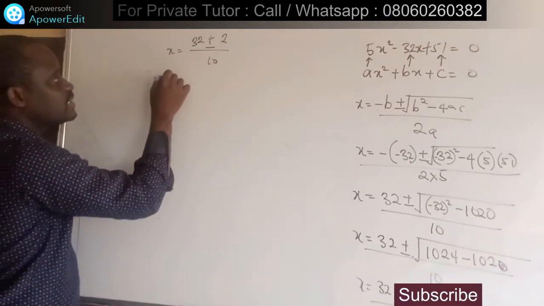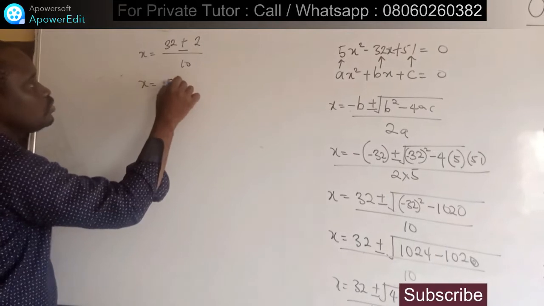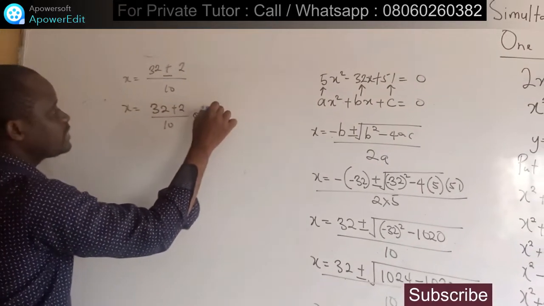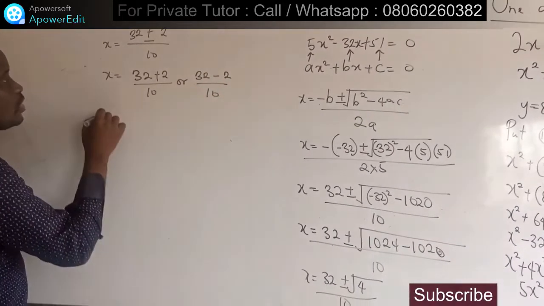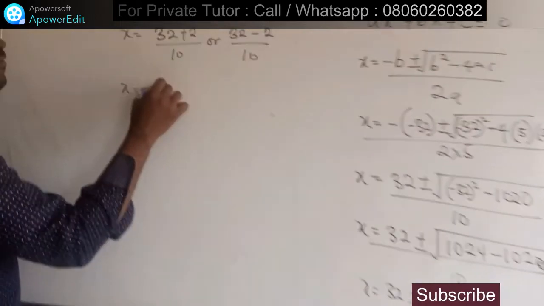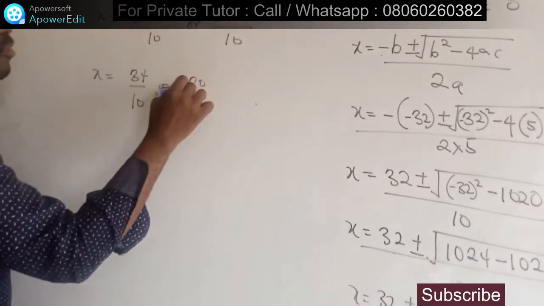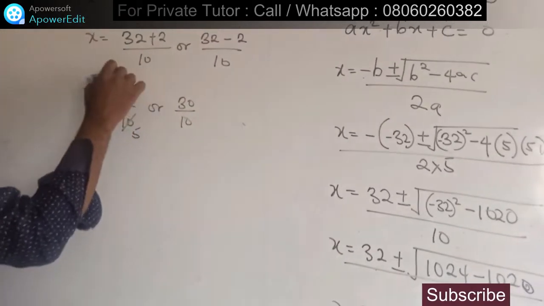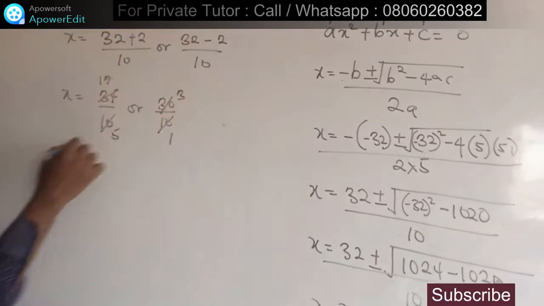So you have two answers. x equals 32 plus 2 over 10, or 32 minus 2 over 10. So x equals 34 over 10 or 30 over 10. So 2 here 5, 2 here 17. 10 here 1, 10 here 3, so 2x.